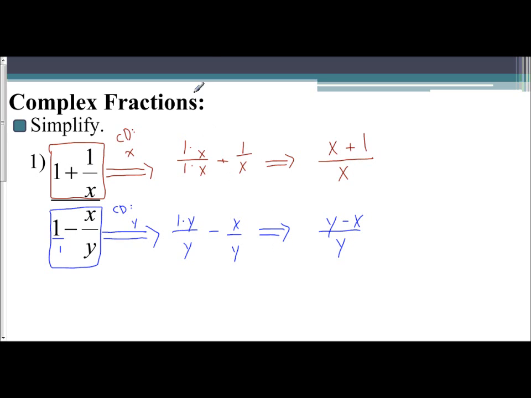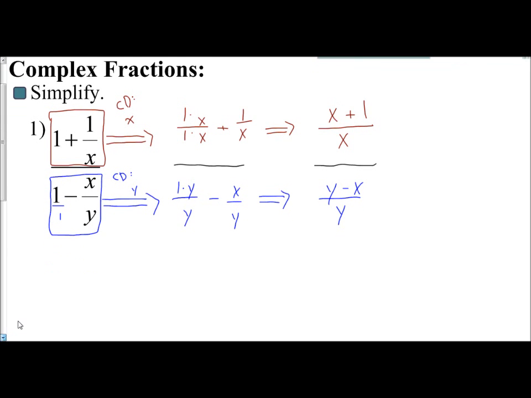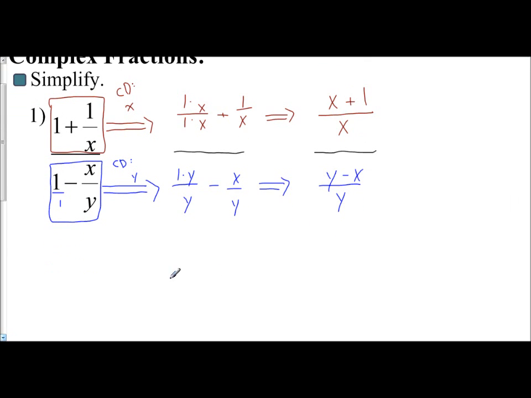So what I've done is I worked with the numerator and the denominator separately and simplified. Technically, there still is a fraction bar here, but because I visually broke it down, it made it a little bit easier for us to see what to do. Now, from here, we need to remember that you're doing a fraction divided by a fraction.